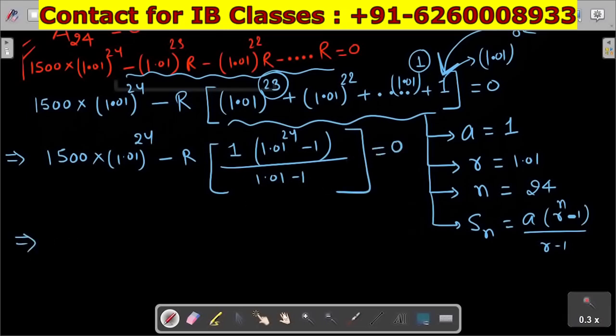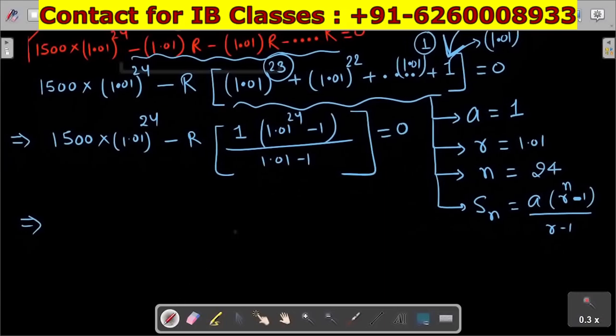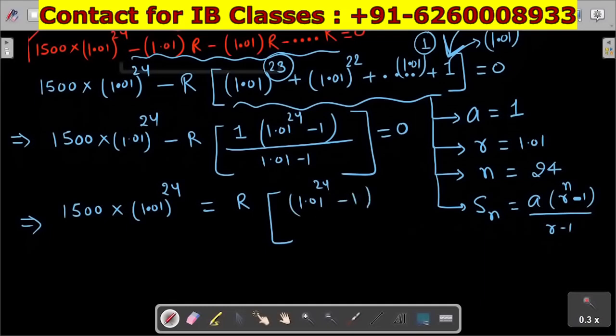Now I am putting this expression on the right hand side. So this will be 1500 into 1.01 raised to power 24 equals r into 1.01 raised to power 24 minus 1 upon 0.01.